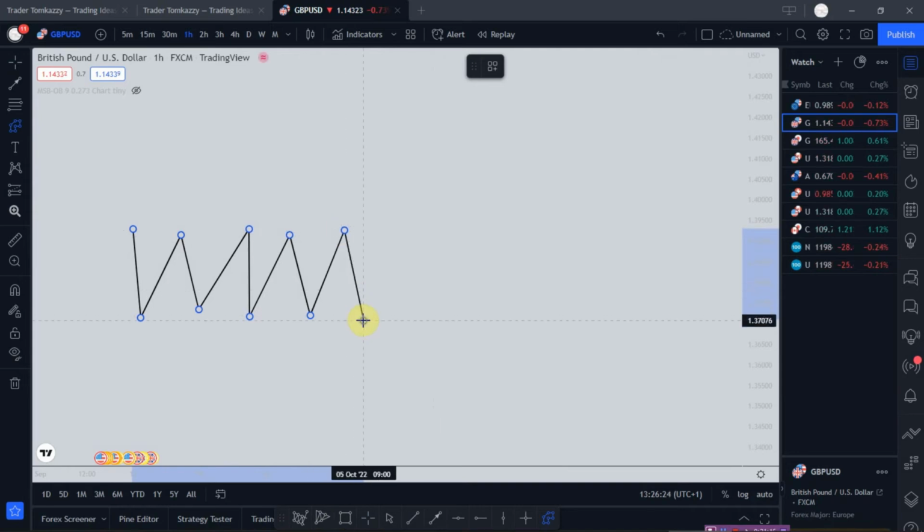It is neither going up nor coming down. It is just at the same place, and then it is forming equal highs, equal lows.